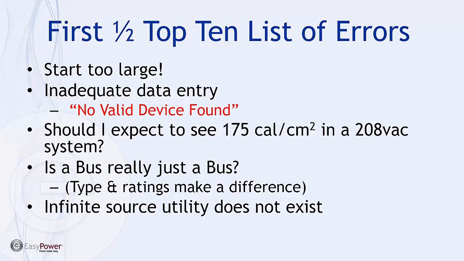Very frequently, a first-time user of the tools has a tendency to start too large with the one-line diagram construction, and as a result, they have a large drawing with multiple errors and are not quite sure where to start.